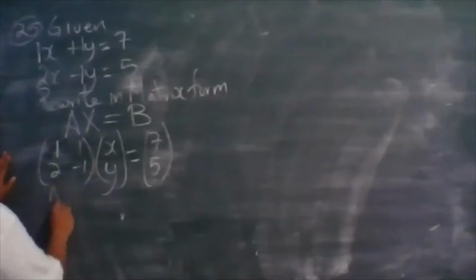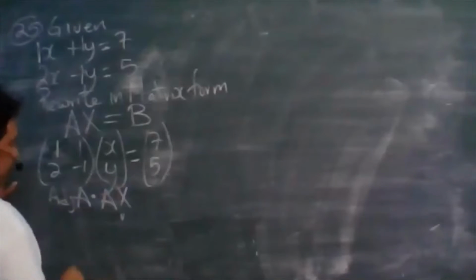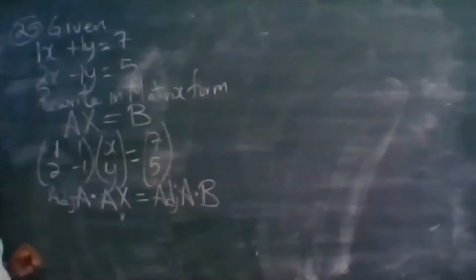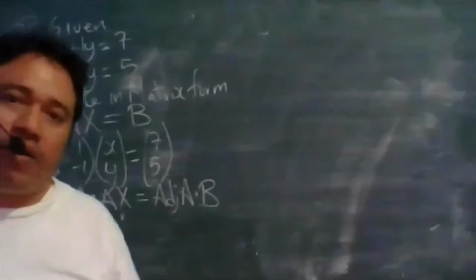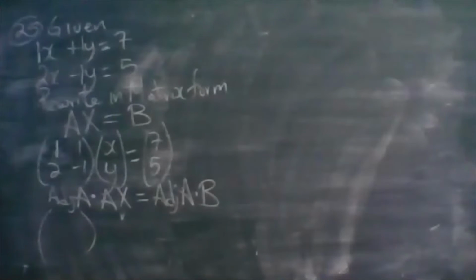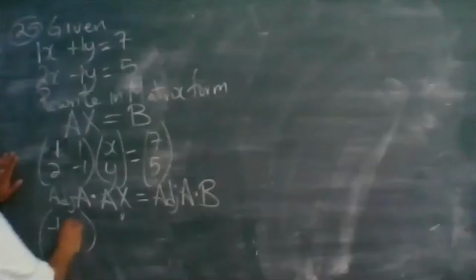Now, we are using the diagonalization method. What does that mean? That means that we are going to multiply the adjoint of A times X equals the adjoint of A times B. So we're going to multiply the adjoint of A to both sides of the equation. And remember that to get the adjoint, we exchange A and D, and B and C, we change the sign.